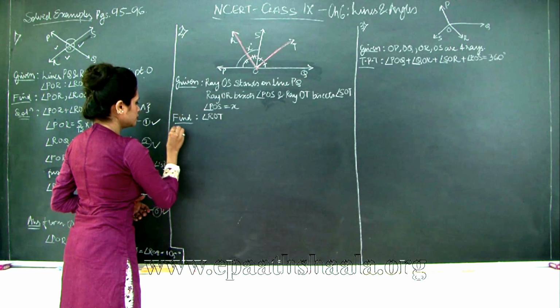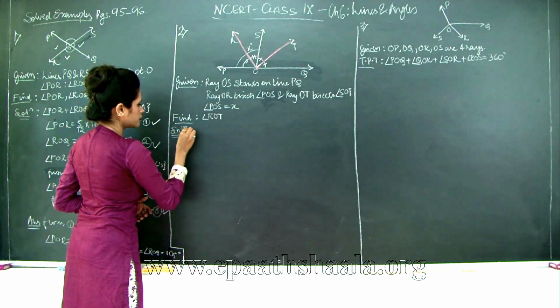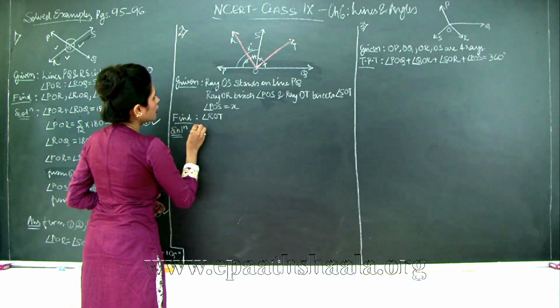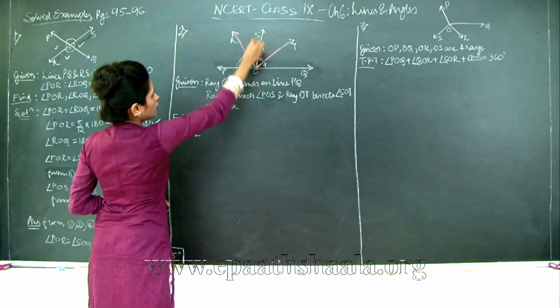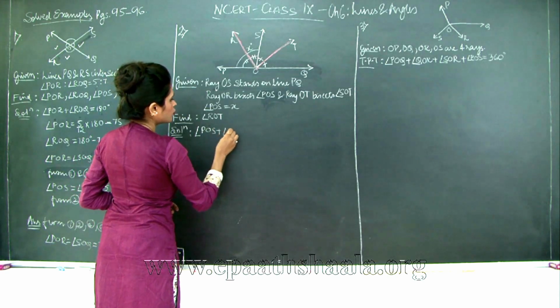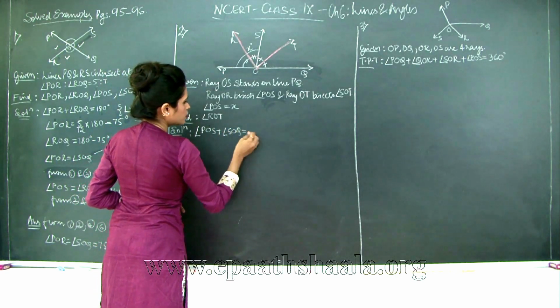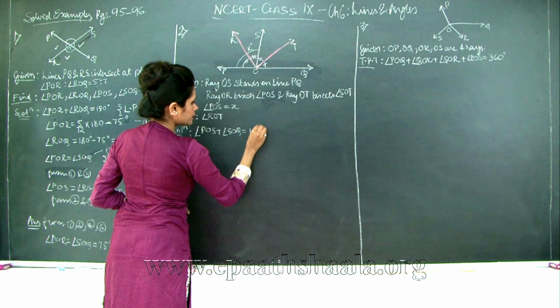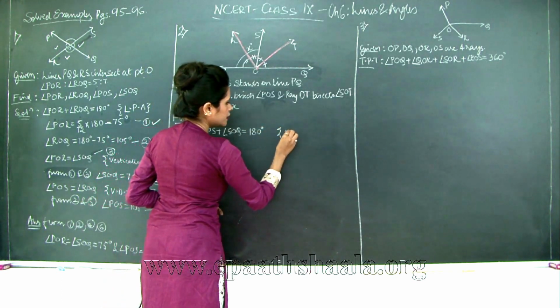So, solution. Angle POS plus angle SOQ is equal to 180 degrees through linear pair axiom.